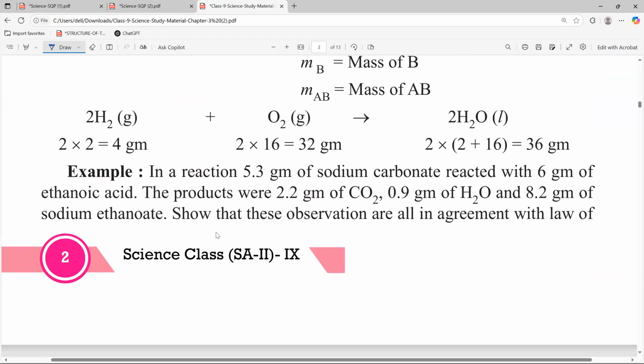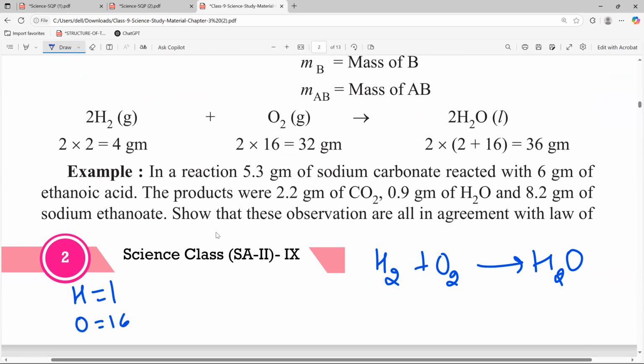It is also there, that you can check it. Suppose H2 plus O2 gives you H2O. You know that the mass of one hydrogen atom is 1 and one oxygen atom is 16. So two hydrogen atoms will have 2, and 2 oxygen atoms means 16 into 2, 32.